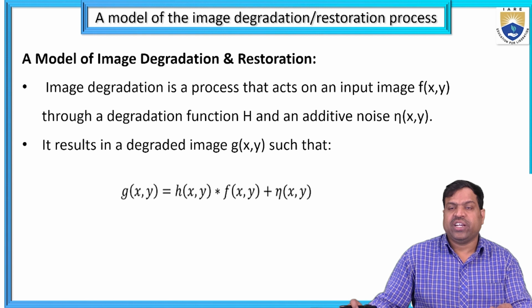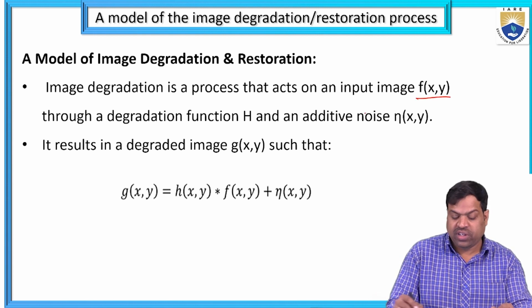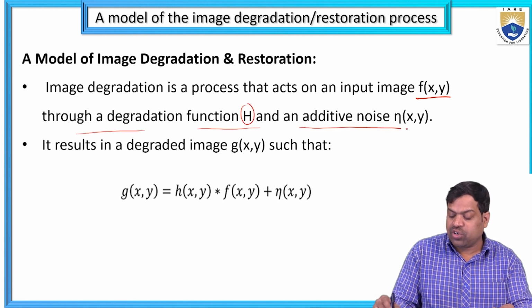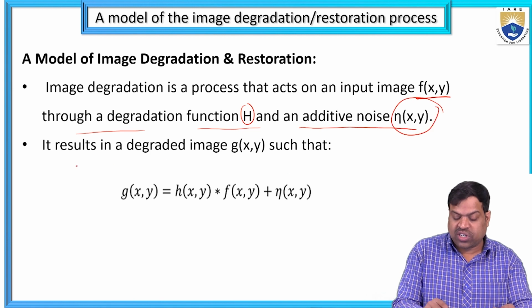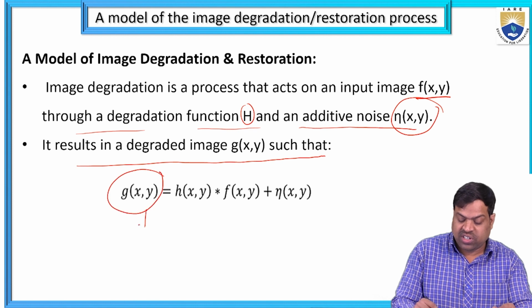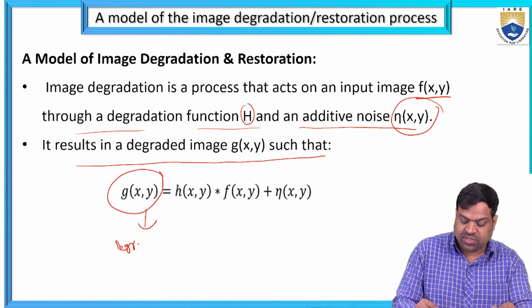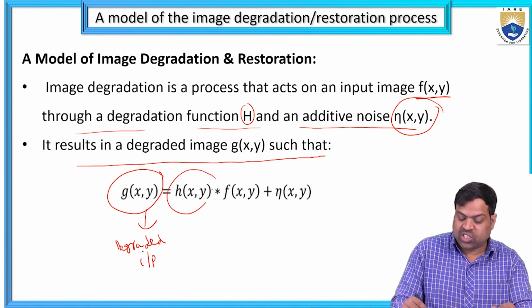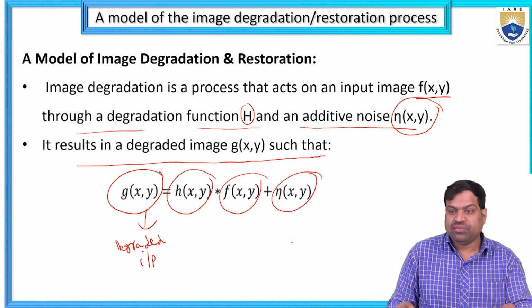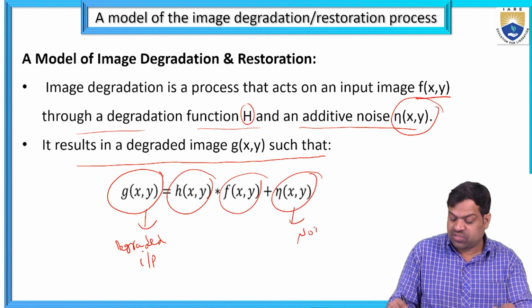Image degradation is a process that acts on an image f(x,y) through a degradation function h and additive noise nu(x,y). The degraded image g(x,y) is equal to h(x,y) * f(x,y) + nu(x,y). What is nu here? It is noise, also called additive noise.